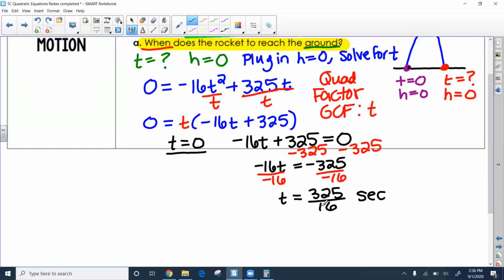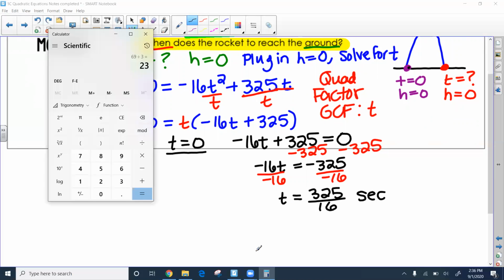So this is a case where it makes more sense to approximate our answer. So I'm going to divide this on my calculator. 325 divided by 16. Notice it gives us 20.3125.